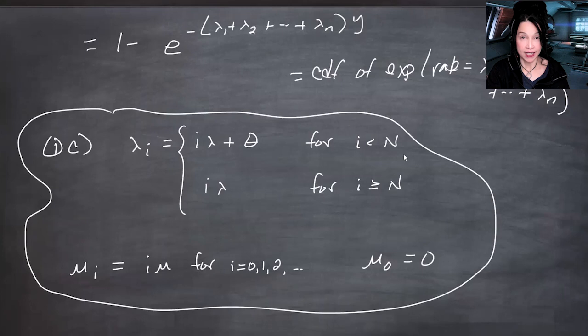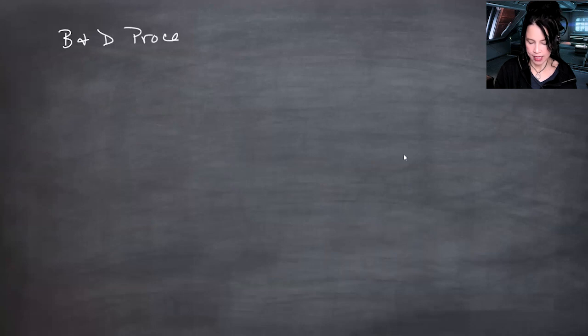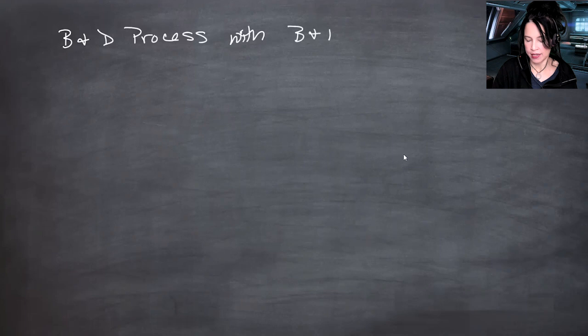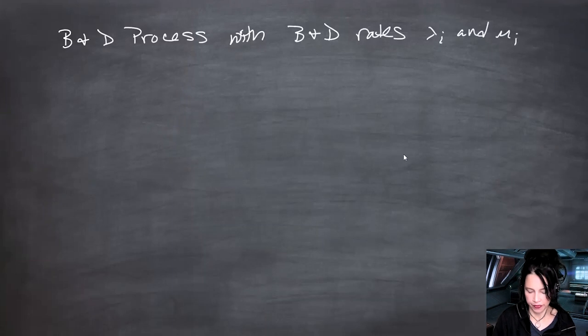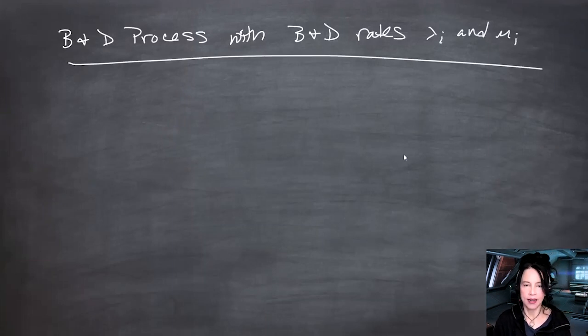Okay, we want to find a stationary distribution for a birth and death process. We have a generic birth and death process with birth and death rates given by lambda I and mu I. And I want to talk about stationary and or limiting distributions.